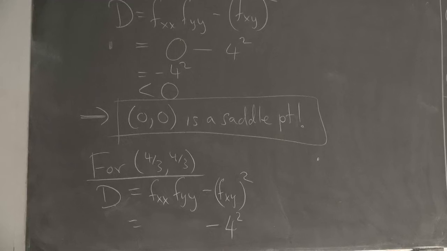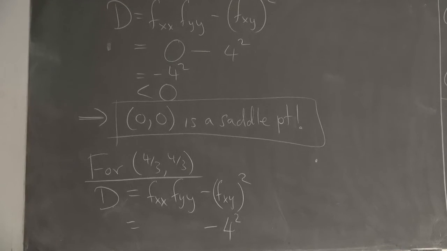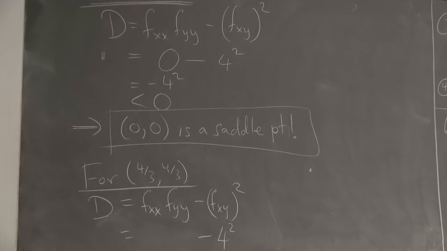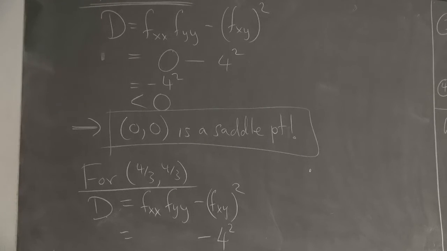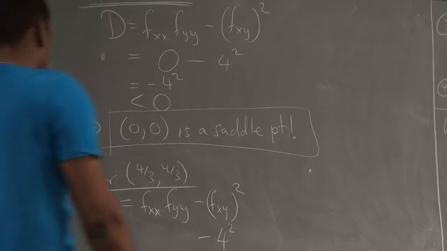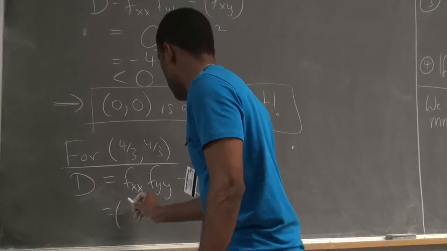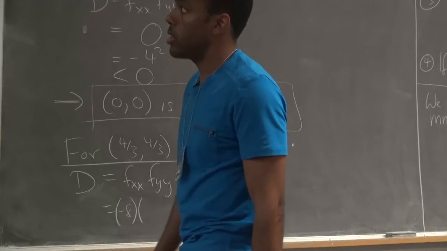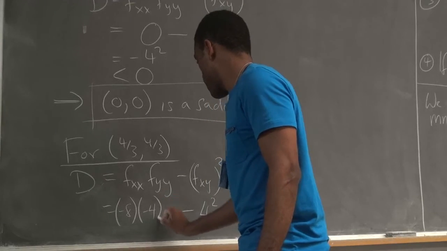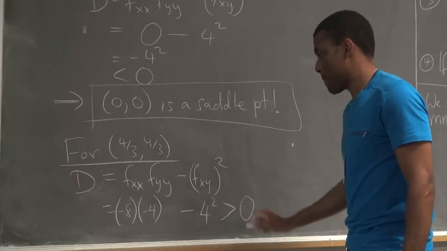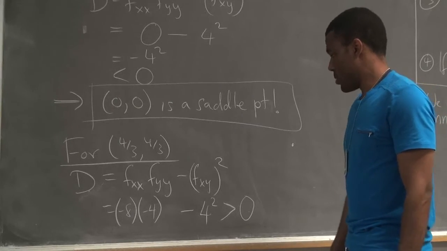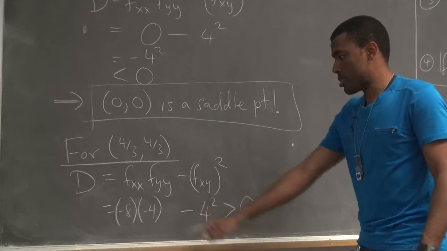Here if I plug in 4/3 into the second derivative, you get minus 8. Minus 8 times minus 4, and that's actually positive, because 4 times 4 is 16, 8 times 4 is 32, so that's positive.